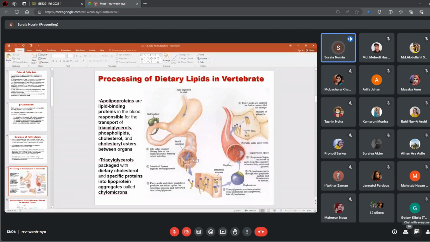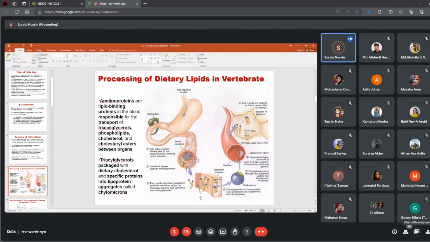Then in the small intestine, the enzyme intestinal lipase degrades the macromolecule triacylglycerol. Once it is degraded, we will get fatty acids.